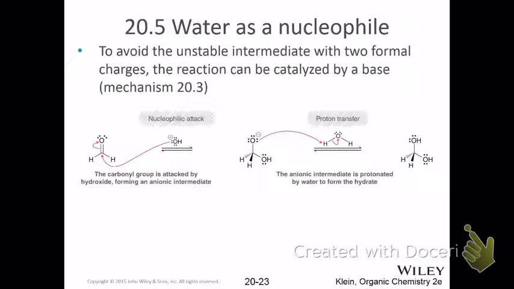Under basic conditions, you don't need to protonate because under basic conditions, hydroxide is a good nucleophile. Right? So when it attacks, again, you get this O minus, which protonates from the solvent. What's this going to make when this part of the reaction happens? OH minus, so it's catalytic. Again, you start with OH in the beginning, you end up with OH at the end, and the reaction goes a lot faster.